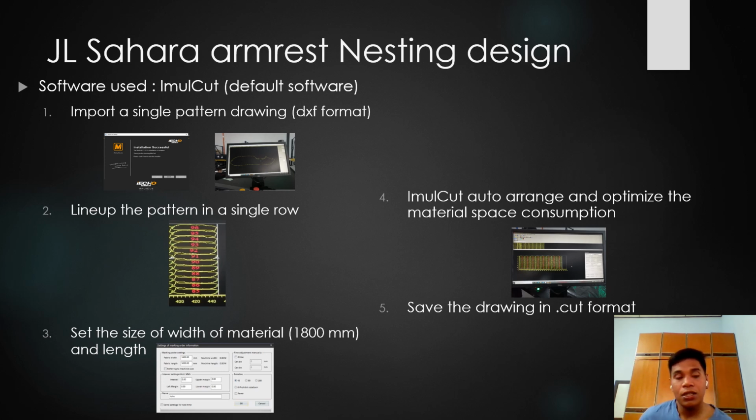Usually the size of the roll, and we will auto arrange and optimize the space consumption, and then we need to save the drawing in cut format to be able to cut it on the machine.